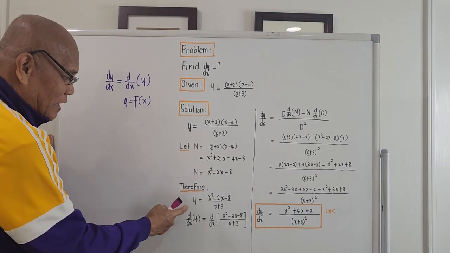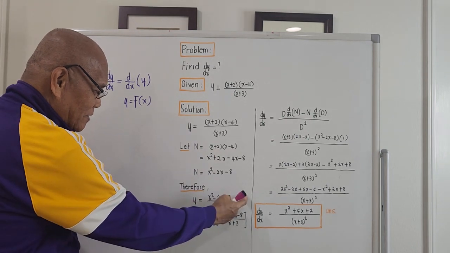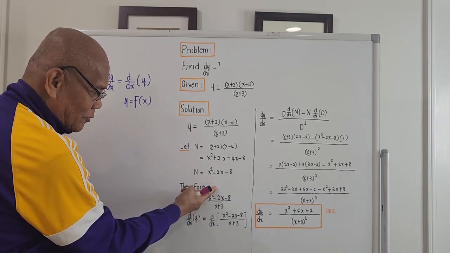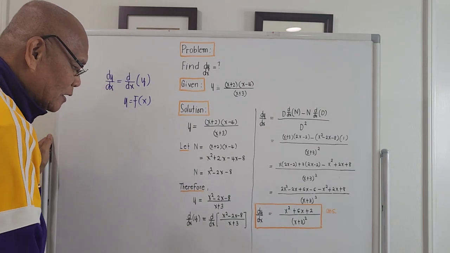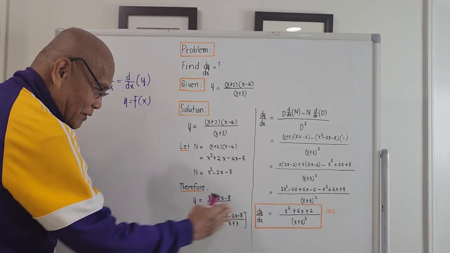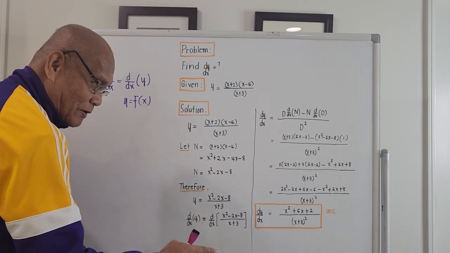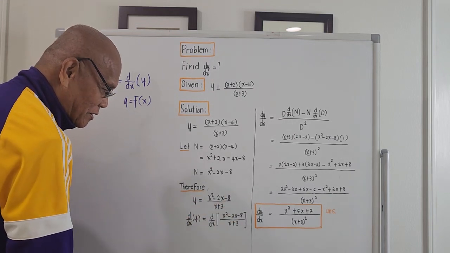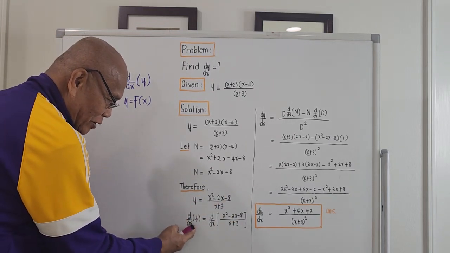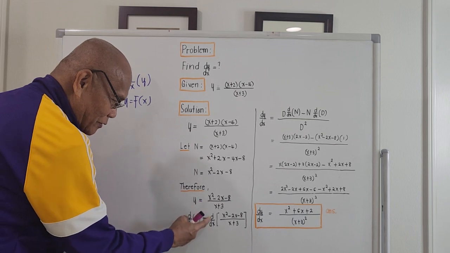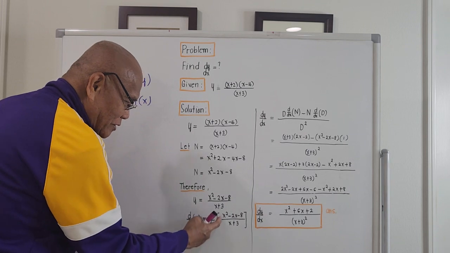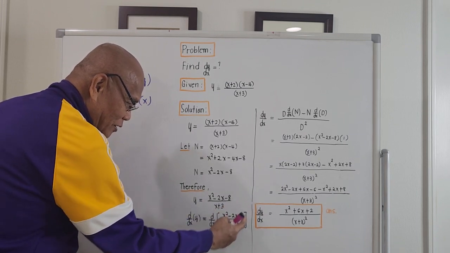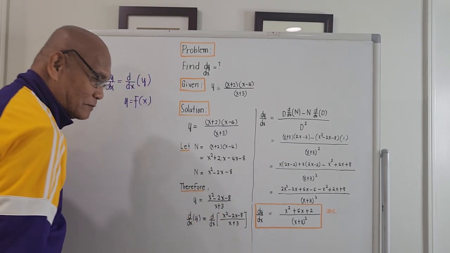So therefore, I rewrite this one. This is the expanded form of the numerator all over the given denominator x plus 3. Therefore, taking the derivative with respect to x of both sides, the derivative with respect to x of y will be equal to the derivative with respect to x of the given function, which is x squared minus 2x minus 8 over x plus 3, close bracket.